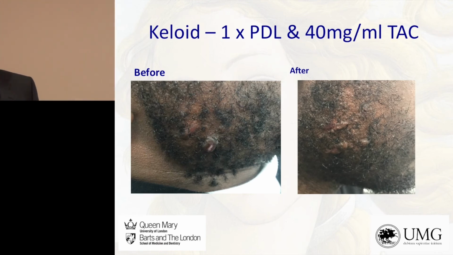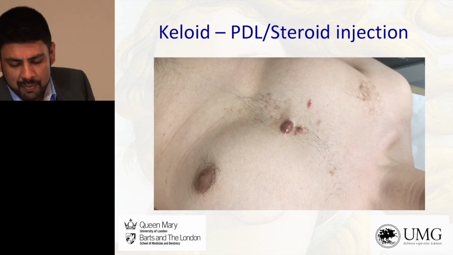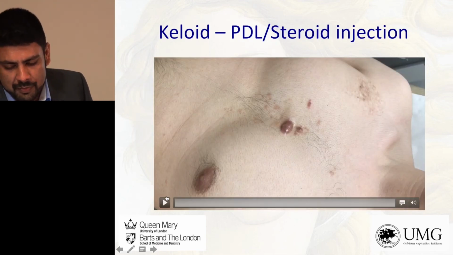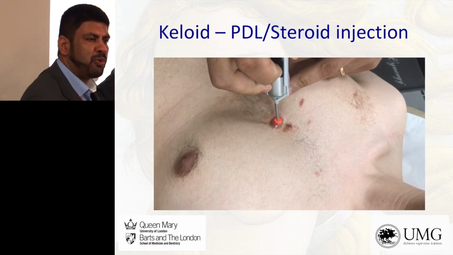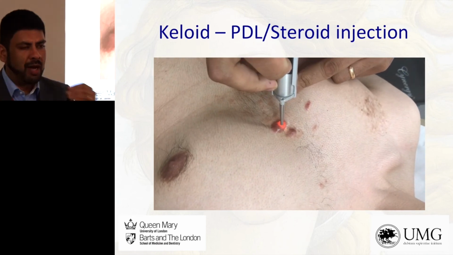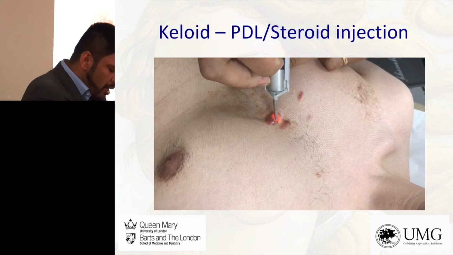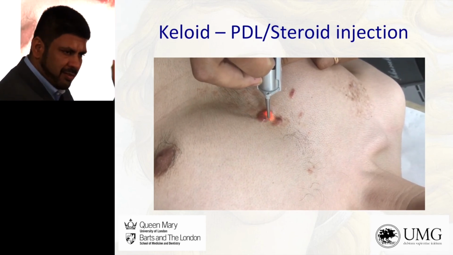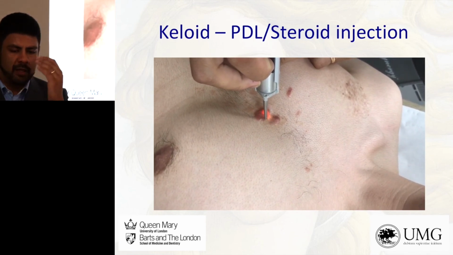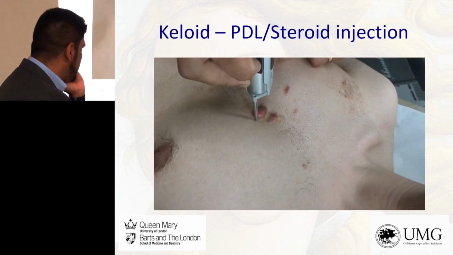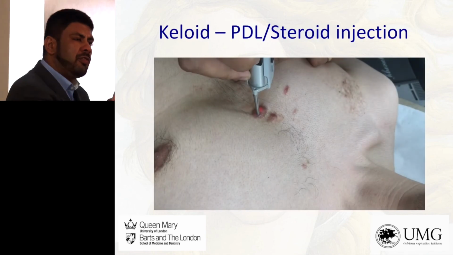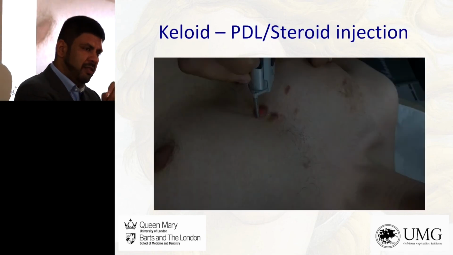So one of the beauties of laser is that, if you see what I'm doing here, I'm literally pre-treating the scar with pulse dye laser. What this does, apart from the things I talked about with TGF-beta1 and helping reducing the vascularity of the scar or the microvasculature within the scar, it also induces edema within the scar.